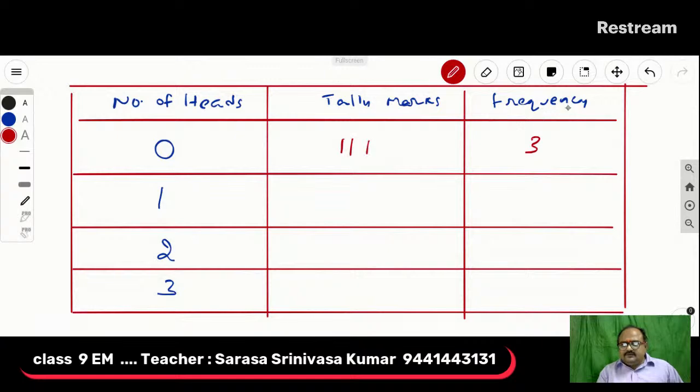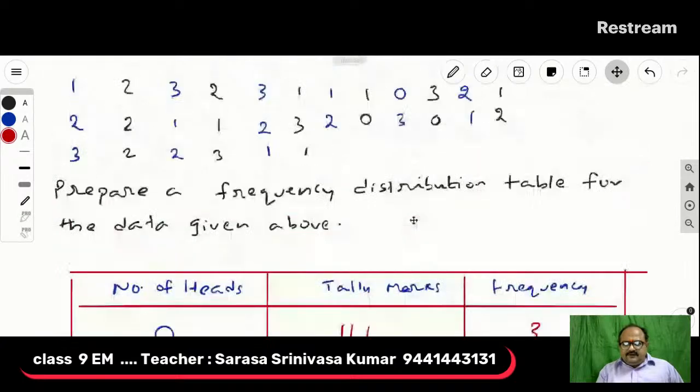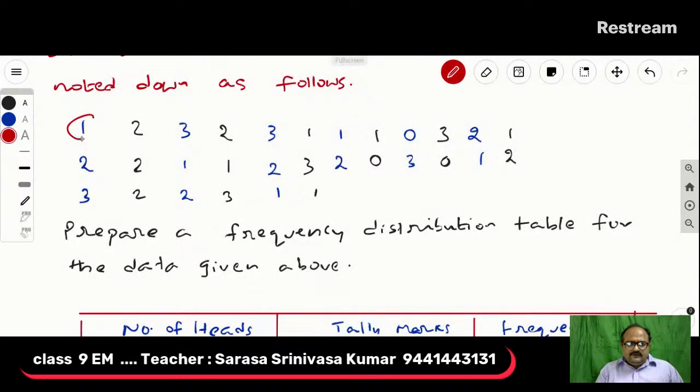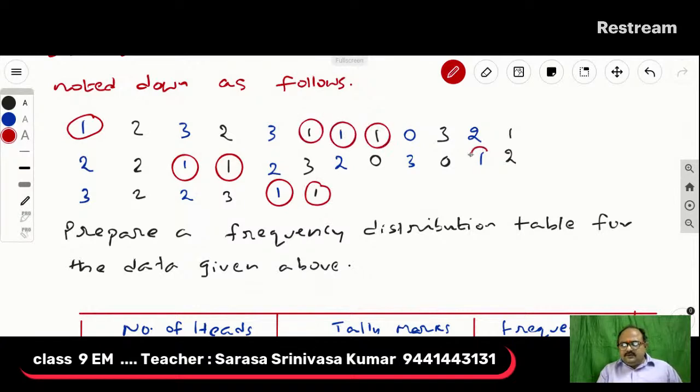Now we count the frequency for 1. This is 1, 2, 3, 4, 5, 6, 7, 8, 9, 10. The frequency of 1 is 10. Let us cross check this again. 1, 2, 3, 4, 5, 6, 7, 8, 9, 10.